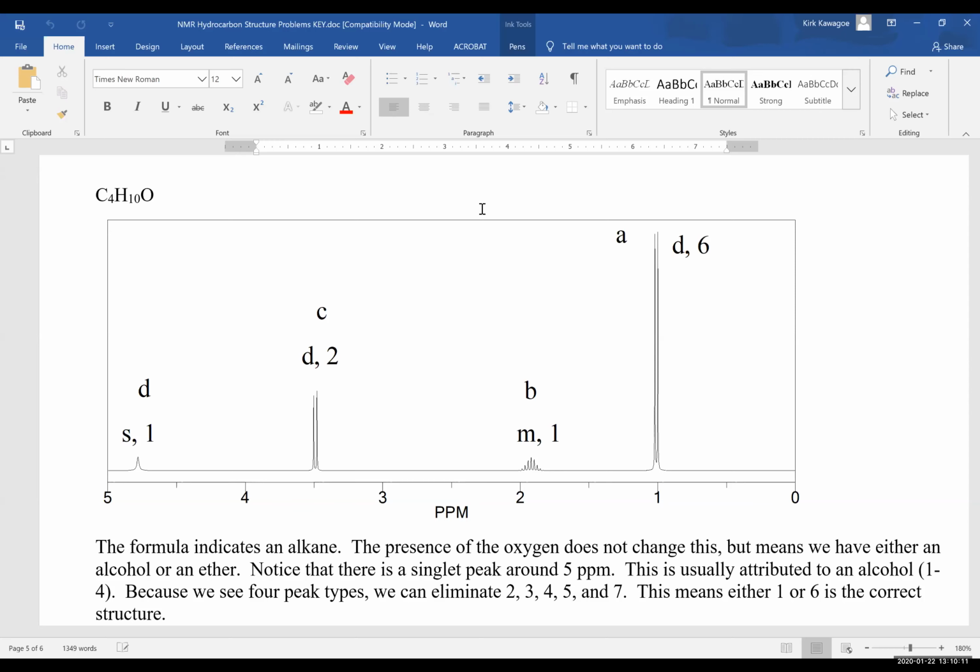This guy is typically around 1.5, but as you move closer to the oxygen, it's going to shift further from this position. So this is going to be a multiplet of 1. So that's actually peak B.